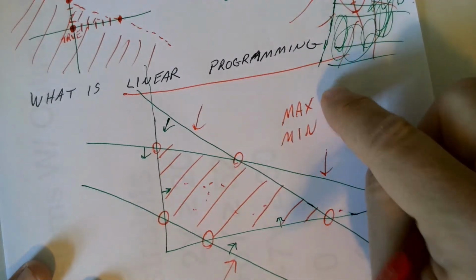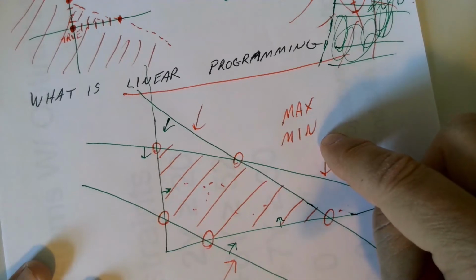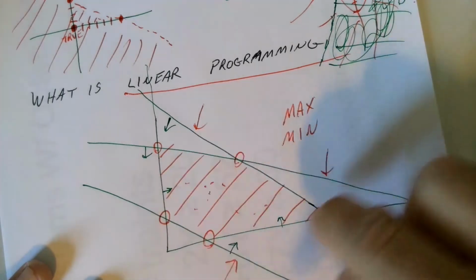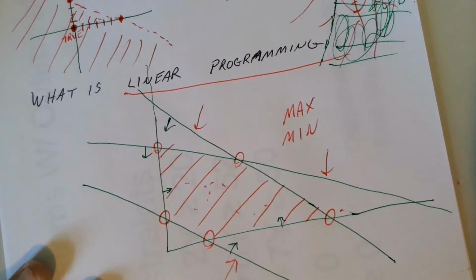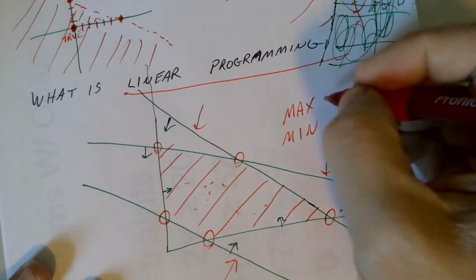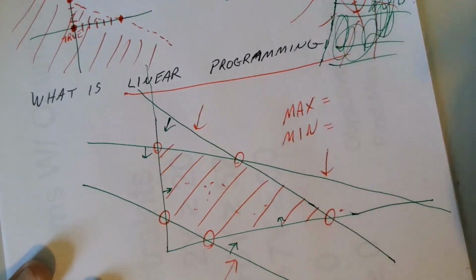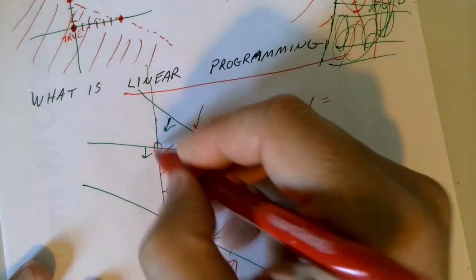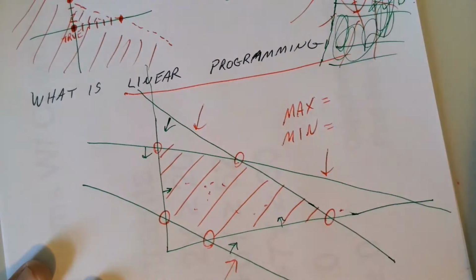They might want to maximize profits, they might want to minimize loss, whatever it is. I don't have to check all 25,000 of these points. And again, I am streamlining a lot, but I'm hoping this helps. The max or the min occurs at the vertices of these locations.